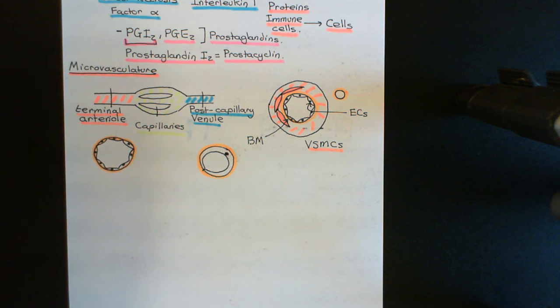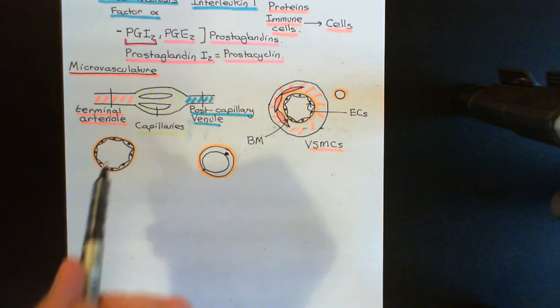Okay, so we now know the wall structure of these different components of the microvasculature, and this will stand us in good stead for understanding the acute inflammatory response, because the acute inflammatory response is going to be totally and utterly a response of the microvasculature in the tissue. Because after all, remember the big picture of what we're trying to do. We're trying to bring in troops from the bloodstream.